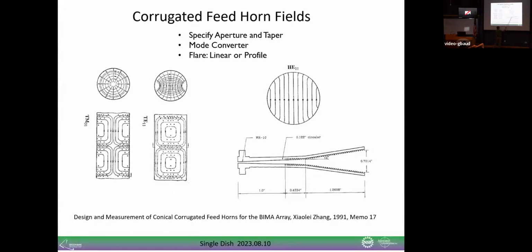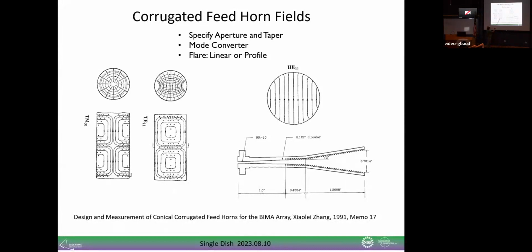You mode convert here. So basically you have circular waveguide input. You have a low order mode, essentially TE11 mode, but you have to have a mode converter as part of the feed because you need 2 modes.